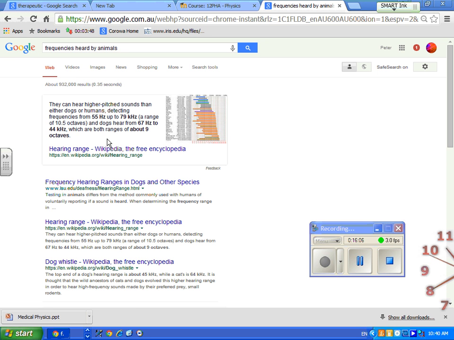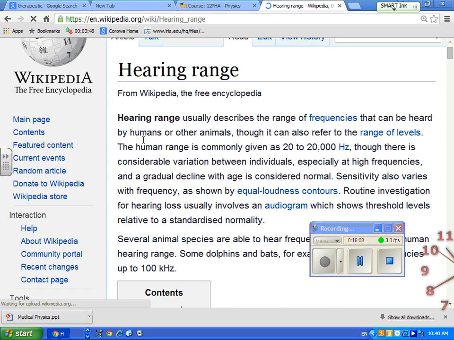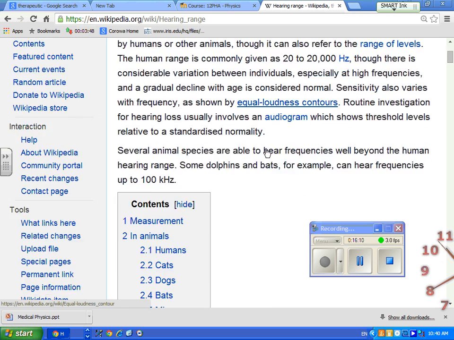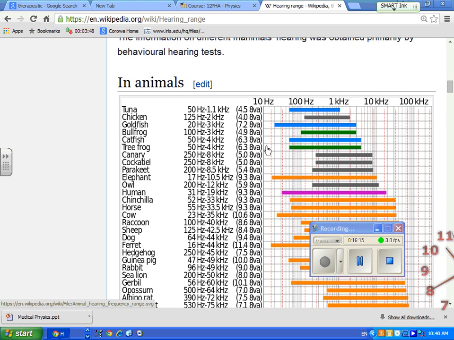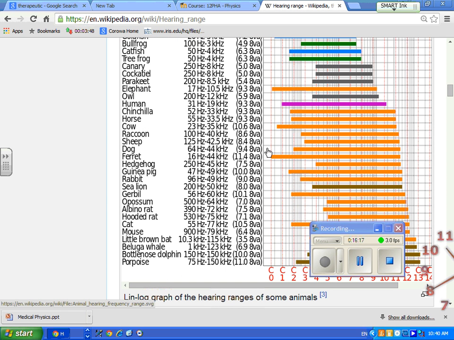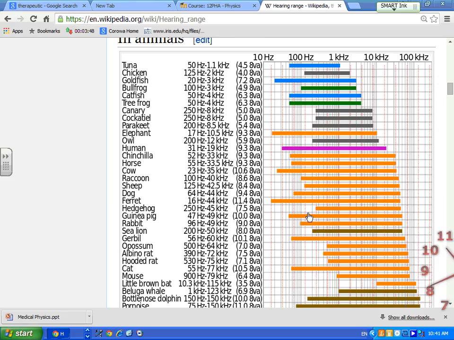Okay, so here's the thing that shows the hearing range of various animals, and also you can actually place tuna like here. You look at and you see that tuna can hear up to about 1,000 hertz. Humans, I hope, are in here. It shows up to about 20,000 here.